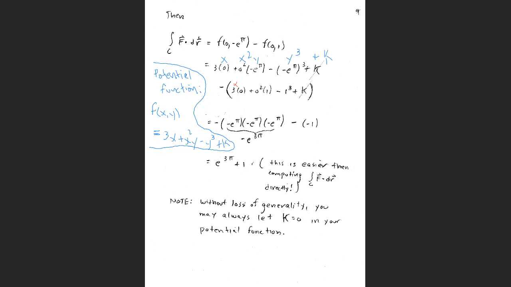This was 3x. Now we have 3x again, plus x squared y minus y cubed plus k.